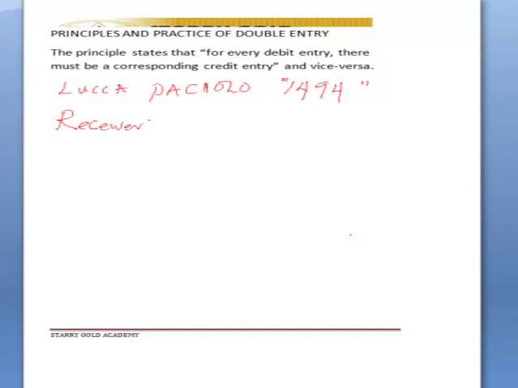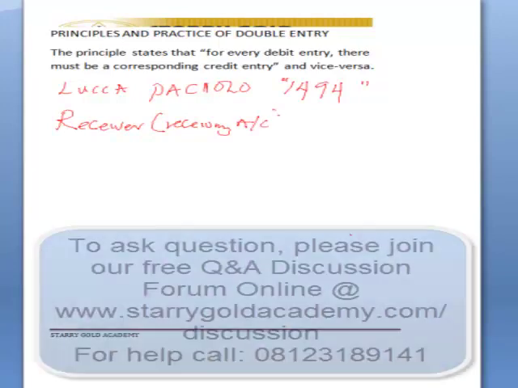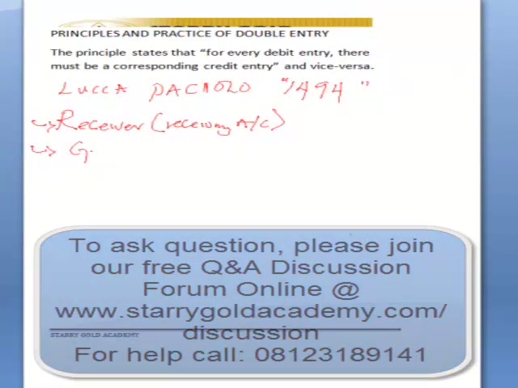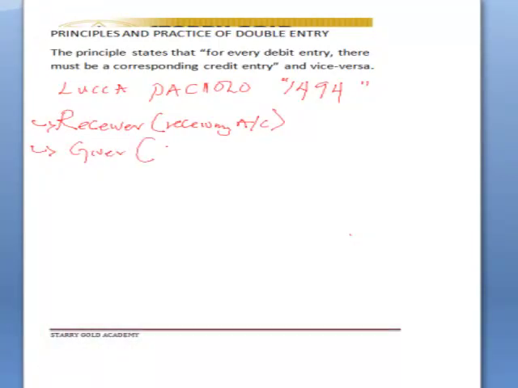There must be a receiving party, and that account we shall call a receiving account. Then we must have another party called the giver, which can also be called the giving account.